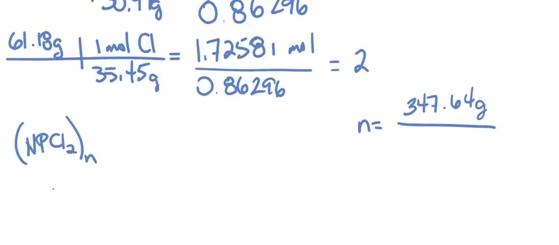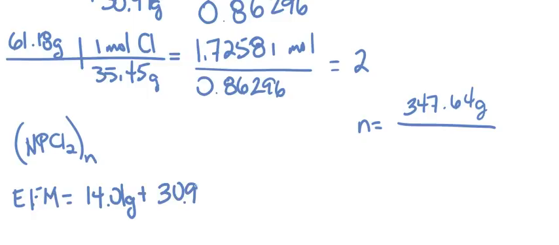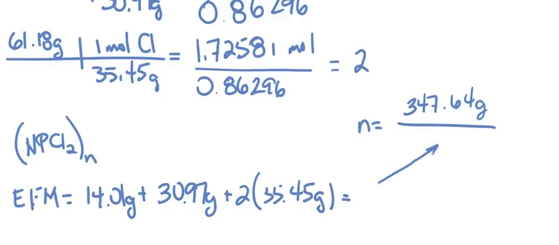So let's find out what the empirical formula mass is. So the empirical formula mass is 14.01 grams plus 30.97. And again, I'm using molar masses here. Plus 2 times 35.45 grams.